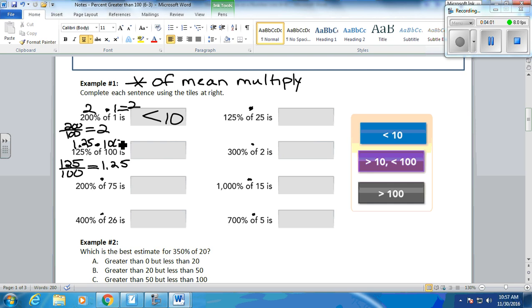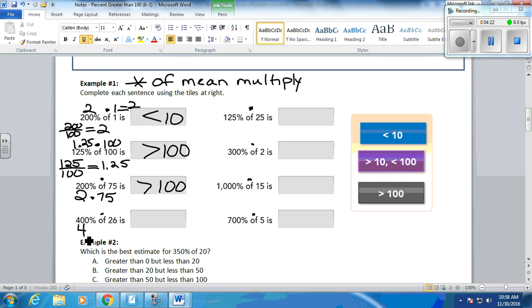So I definitely know that this answer is going to be greater than 100. The next one would be 2 times 75. And 2 times 75 would definitely give me a number larger than 100. So you don't necessarily need to calculate it out. You can just estimate that you know that double 75 is more than 100.